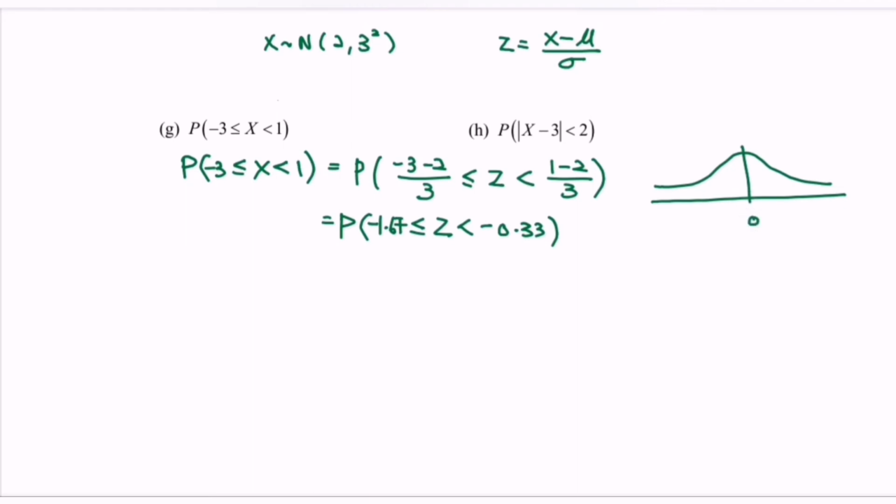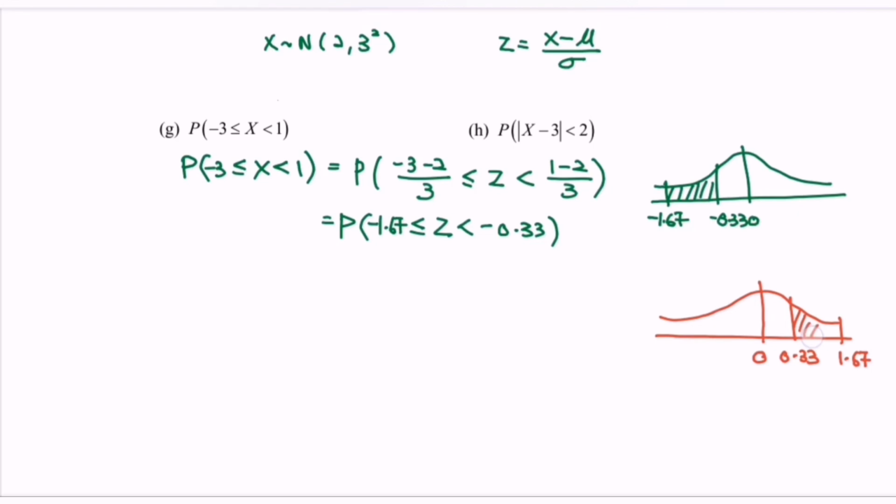Next is to refer to the graph. Locate the values -1.67 and -0.33. So the region will be this part. My suggestion is to rewrite the formula or flip the diagram. Locate the values 0.33 and 1.67.